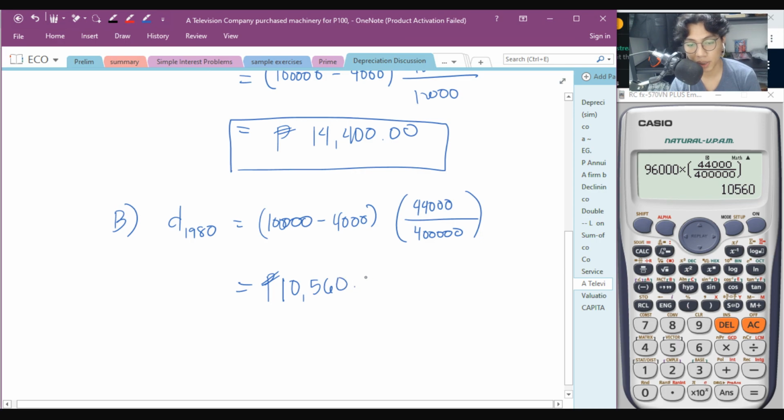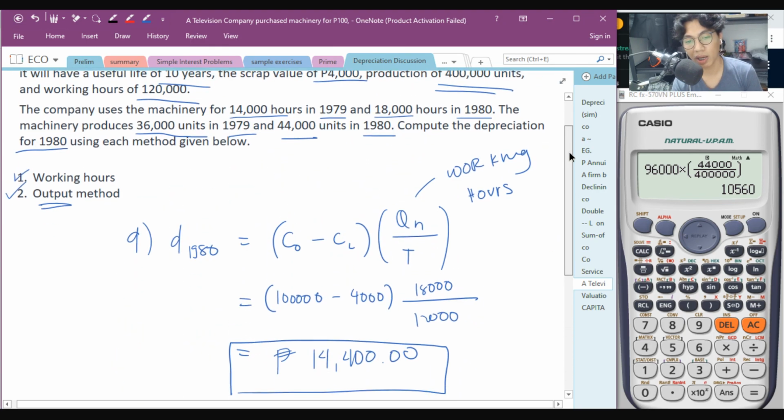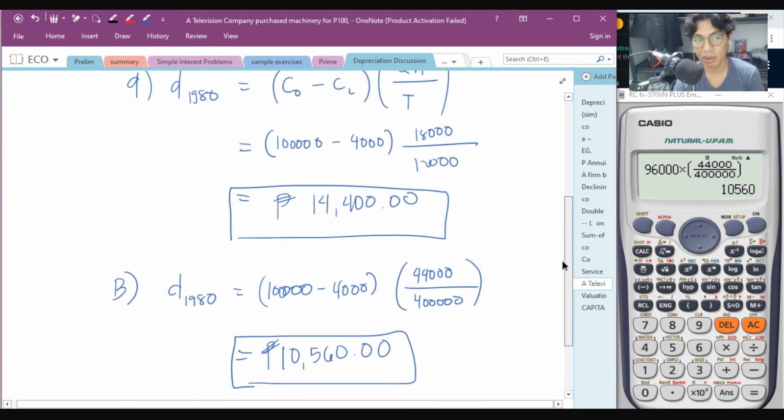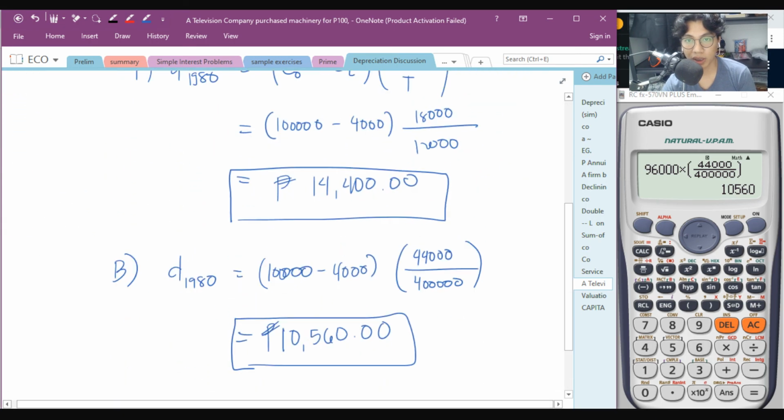Very basic lang yan. Okay? Yan lang po yung formula dyan. Kapag sinabing working hours, gamitin mo yung sa hours. Pag sinabing output method, gamitin mo yung sa production at the specific year. Okay? And that will be the entire discussion for depreciation.